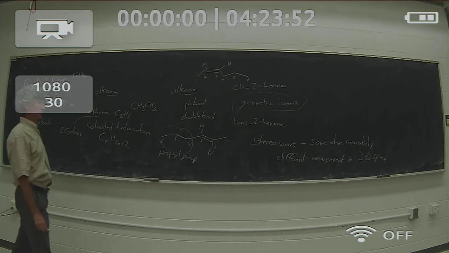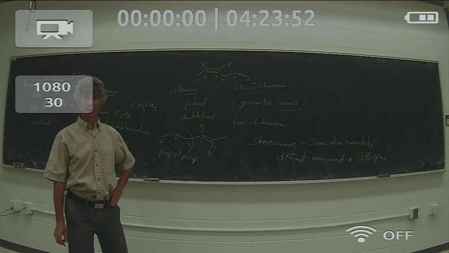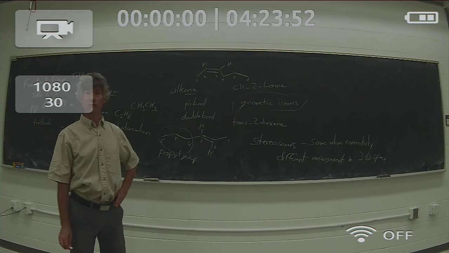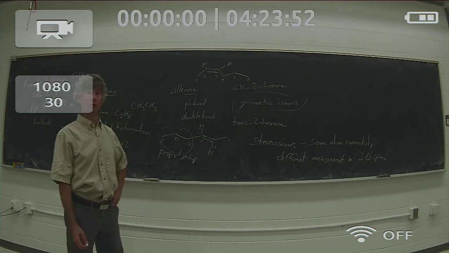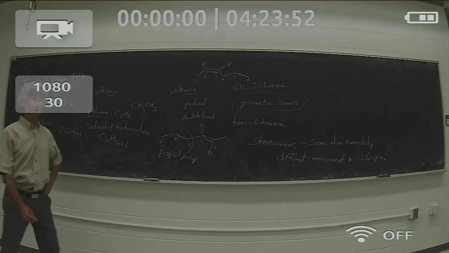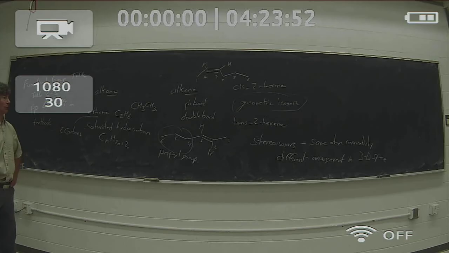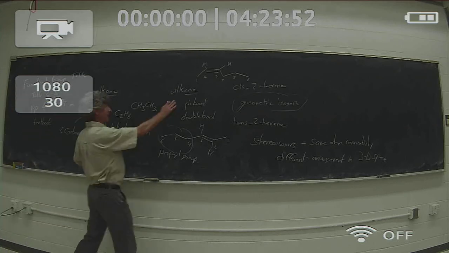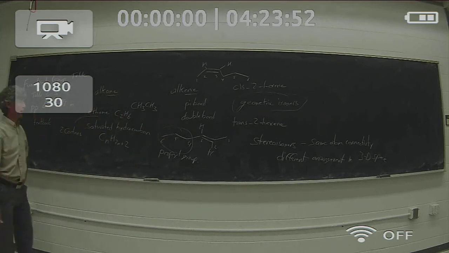Again, same atom connectivity, different arrangement in 3D space, but optical isomers are related to each other as non-superimposable mirror images. We'll have a lot to say about that in chapter 5 on stereochemistry. So the alkene functional group is a double bond, 1 pi bond, and of course 1 sigma bond.